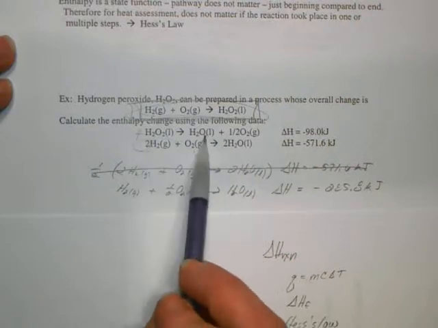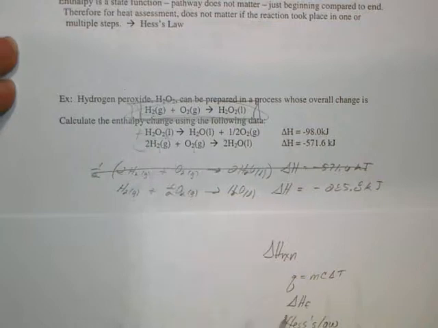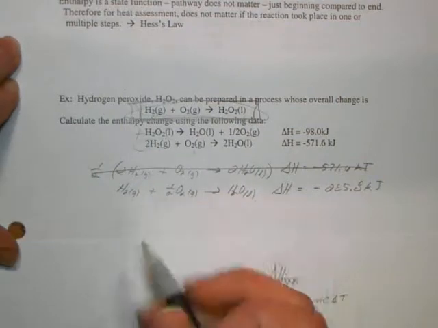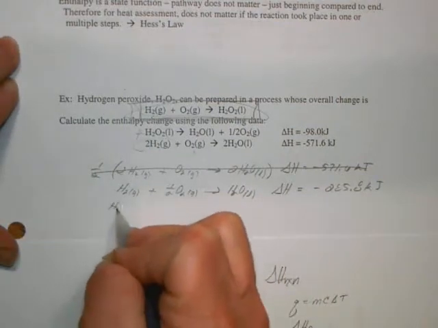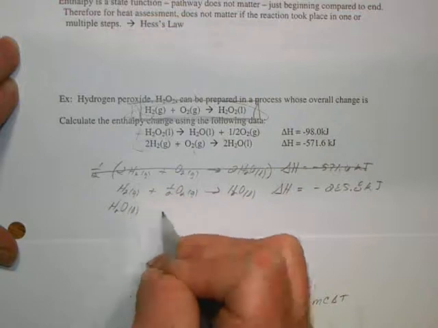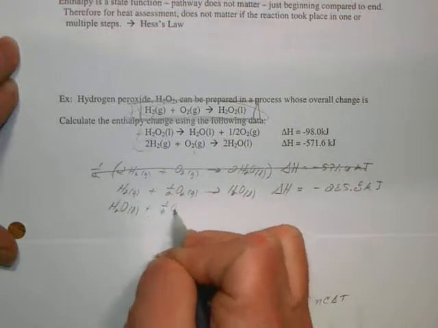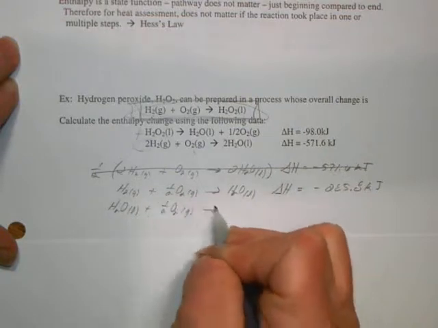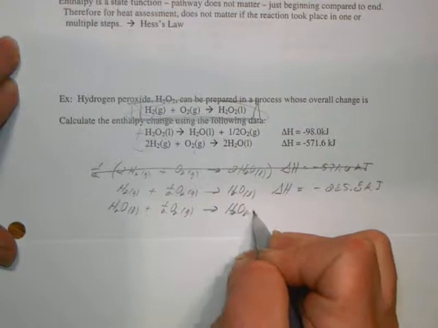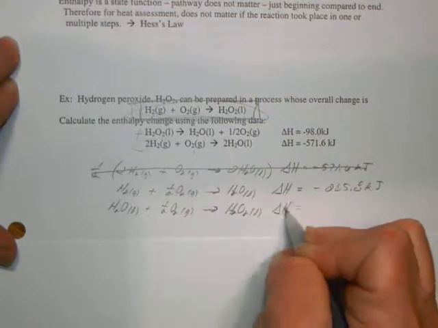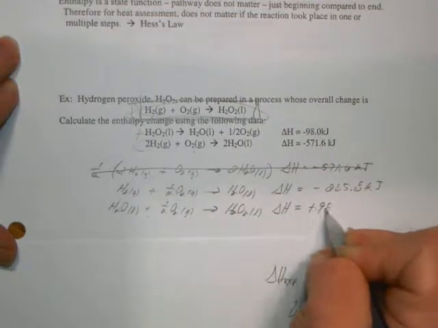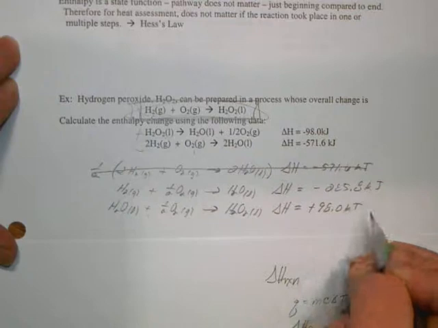If the reactant becomes product and vice versa, the sign will flip. So if I flip this, I'm going to have H2O liquid plus 1/2 O2 gas yields H2O2 liquid, and I have a sign change, positive 98 kilojoules.